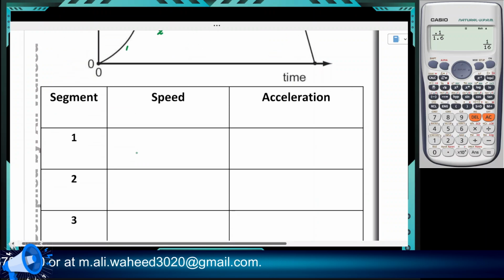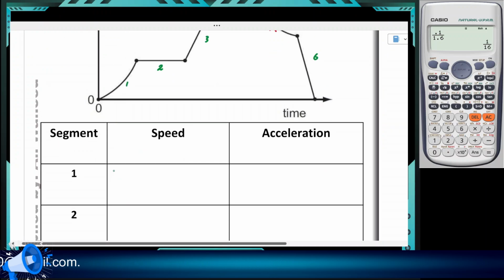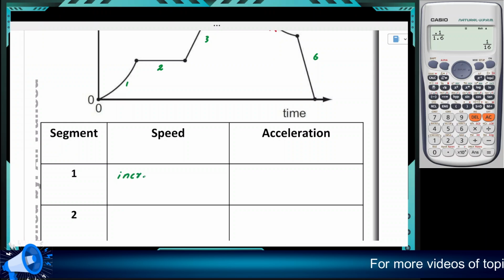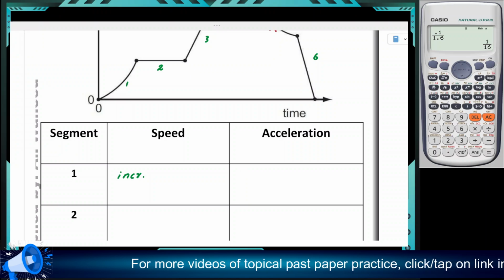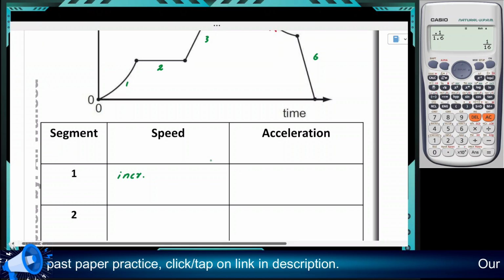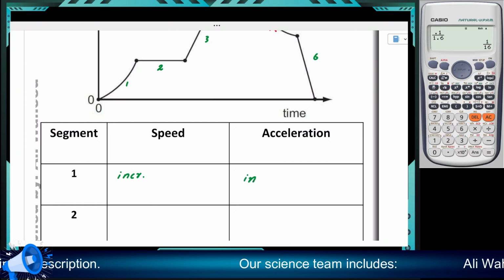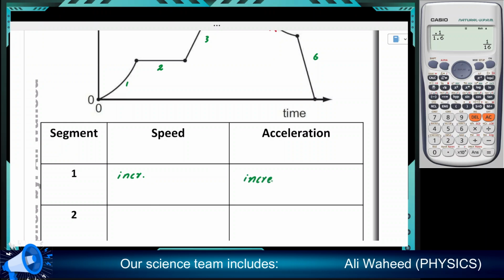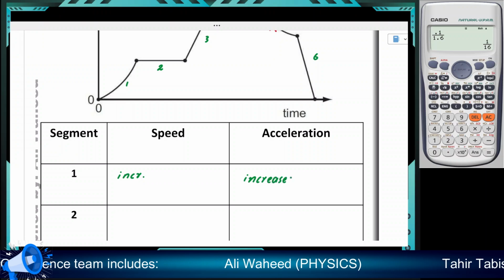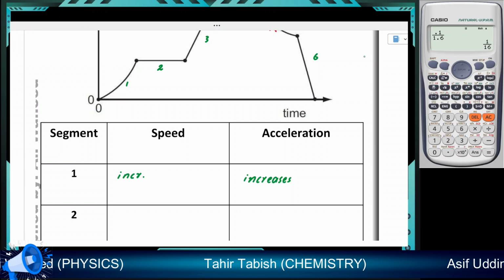So, for example, in segment 1, I can clearly see that the speed increases and the acceleration is not uniform, rather, the acceleration also increases. So, speed increases, acceleration also increases.